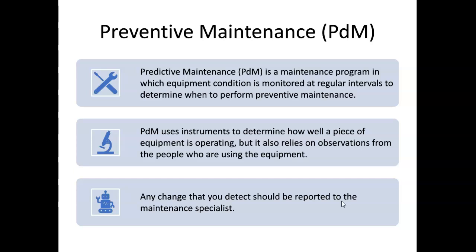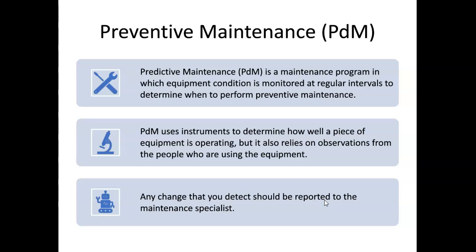So we might put heat sensors or vibration or vibratory analysis techniques or other types of instrumentation to monitor certain areas of that piece of equipment and indicate any changes that might occur.